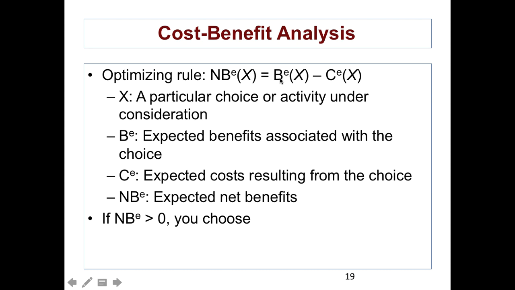Therefore, we can only list the expected benefit and expected cost of undertaking any specific project, and make a decision based on the expected net benefit, the subtraction of these two. And if the expected net benefit is greater than zero, you choose the project.